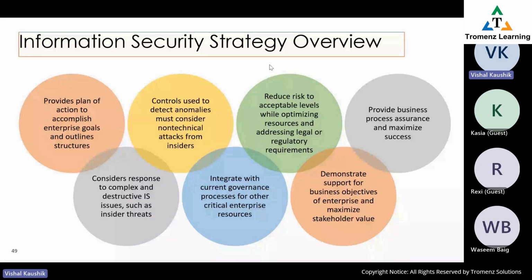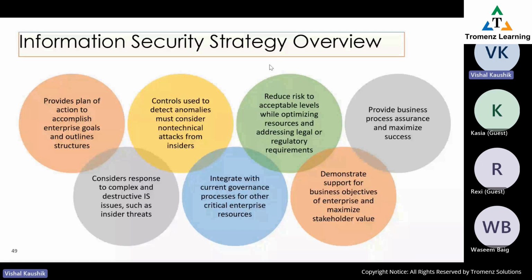Exactly. Now, a good strategy should also demonstrate support for the business objectives of the enterprise to basically maximize stakeholder value. So basically, the strategy should be aligned to what the enterprise objectives are.